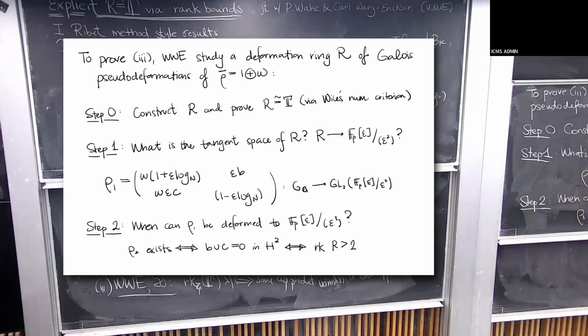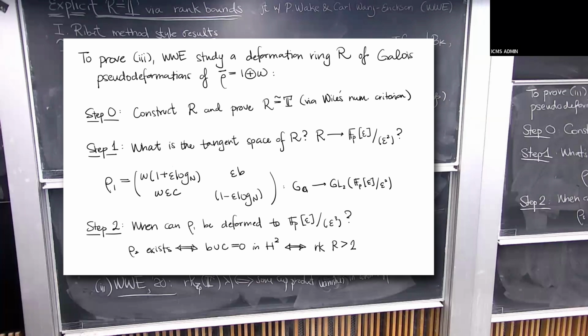And so this is the cup product that I'm talking about here. And so I want to highlight before we go on that there are 2 directions of the statement, if we think about it in terms of this Ribet circle, right? There's the statement that if we have a larger rank of R or T, they're equal, that we get a statement about the existence of a Galois extension with very specific local conditions.